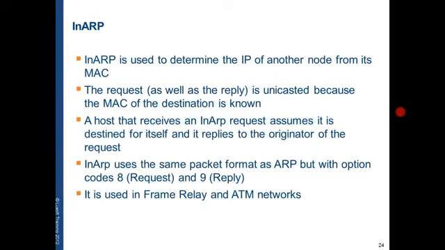Both the request and the reply are sent unicast because we know the MAC of the destination. If a host receives this kind of message, an InARP message, it will reply to it automatically, because since it is sent unicast, it is supposed to be destined to it.